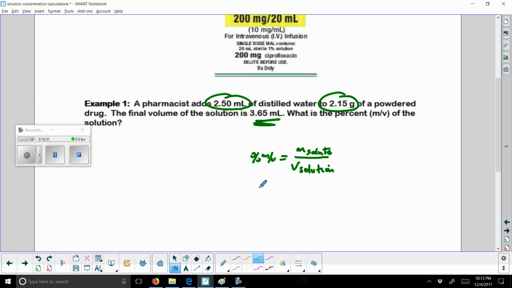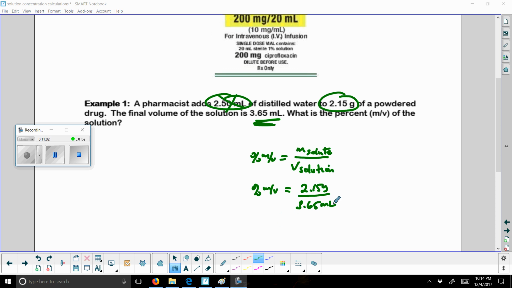So what do I have here? So I know that the mass of the solute is 2.15 grams. The volume of the whole solution, I don't use this. I use the 3.65. That's the total volume. And what do we end up with here? So at the end of the day, you get the calculator here. I'm just going to pause.